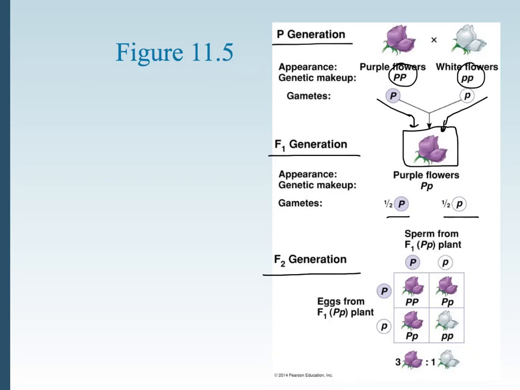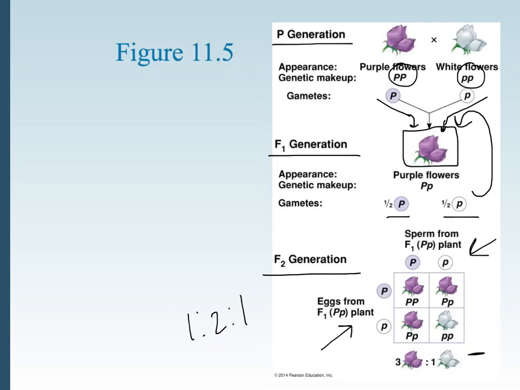When we deal with this F2 generation, what we're assuming is that this same generation is being used for both the sperm and eggs for this F2 generation. And so because of that, this is how we get that very traditional 3-to-1 ratio when we talk phenotypes. Notice that when it comes to genotypes, though, the ratio is actually 1 to 2 to 1.